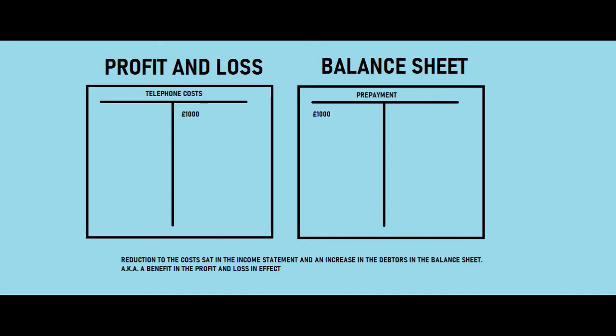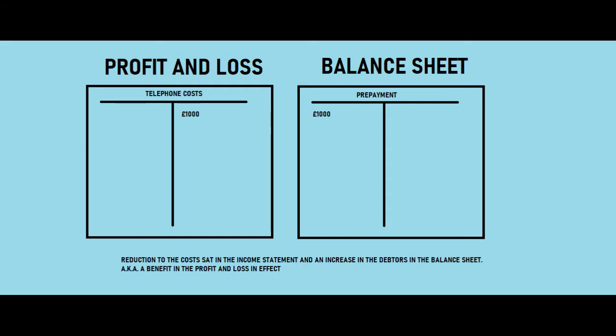Now again, just as a rule of thumb, and something that I've learned over the past decade or so, if you start with the balance sheet when you're first getting into finance, it's a lot easier to understand where postings should be made and the whole debit and credit process. So if you start on your balance sheet and debit prepayments, let's say the invoice was for £2,000, so £1,000 for July and another £1,000 for August.